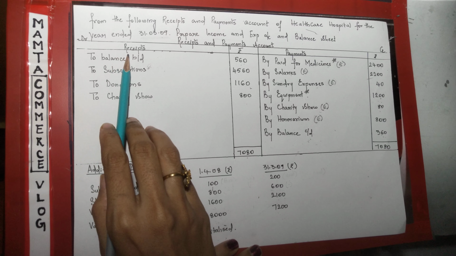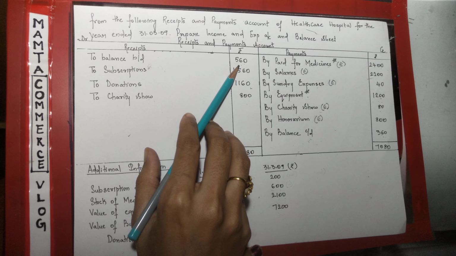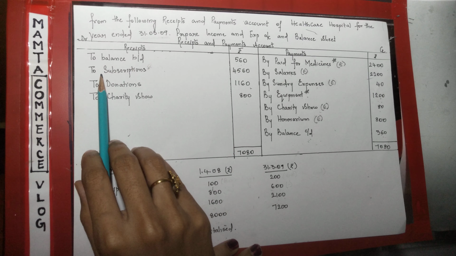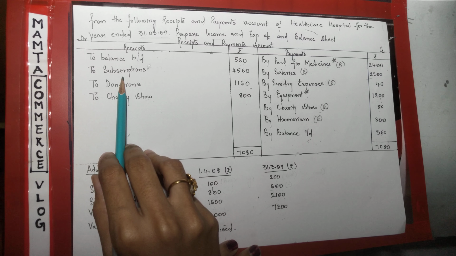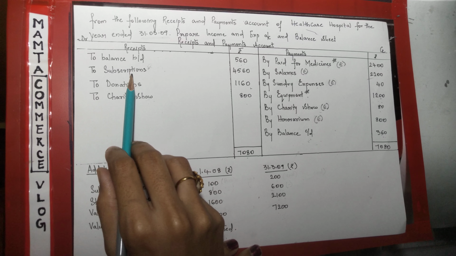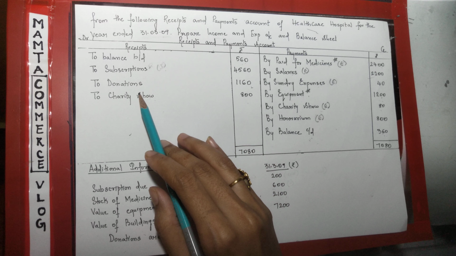On the receipt side, we have opening balance of cash of 560 rupees. This comes under the opening balance sheet, under cash, under assets. Then to subscription is given. Subscription is an income to us and there is an adjustment for this subscription. This subscription is to be written on the income side. Donations.